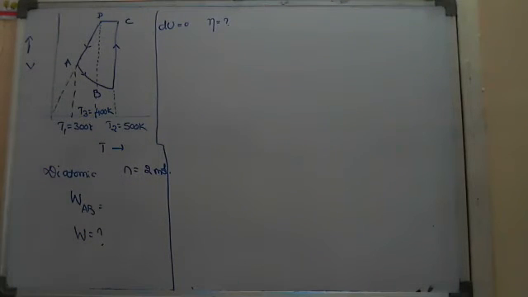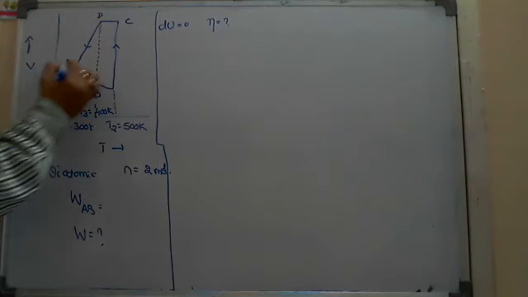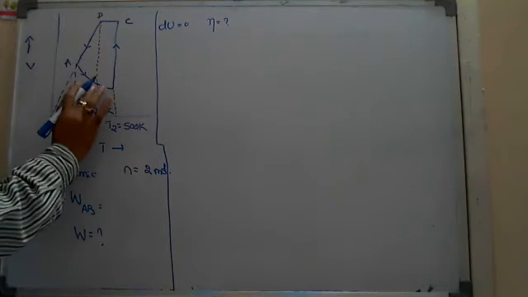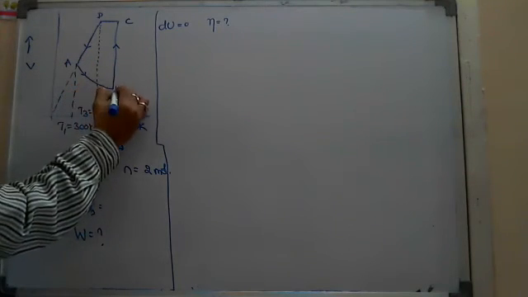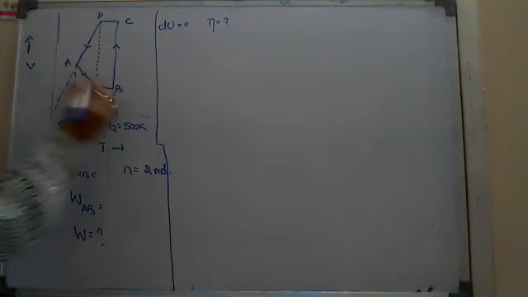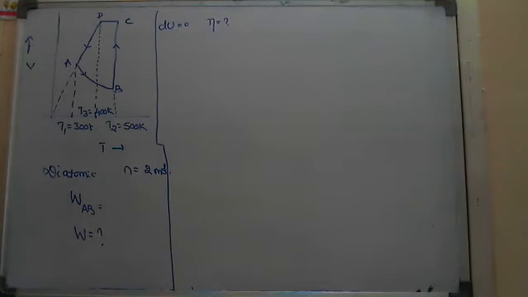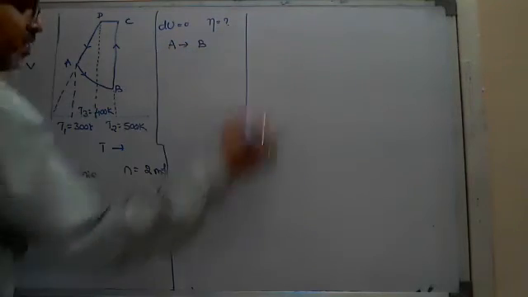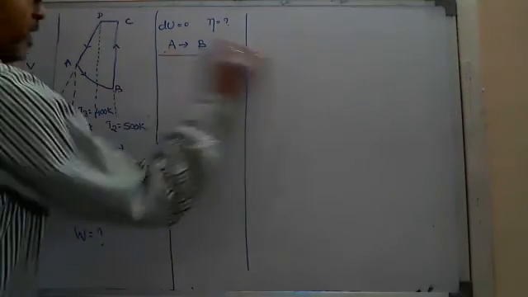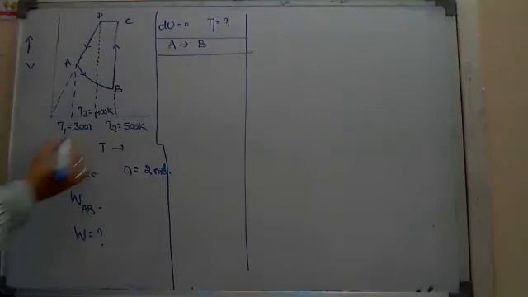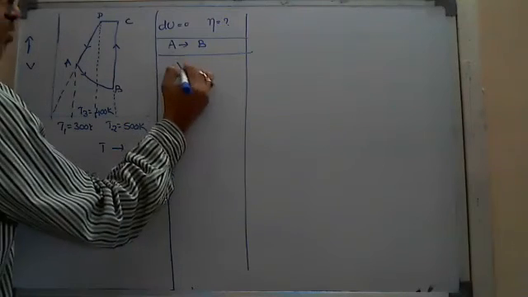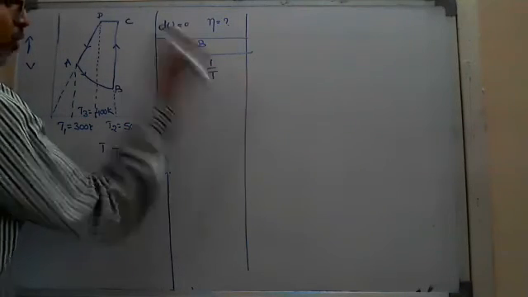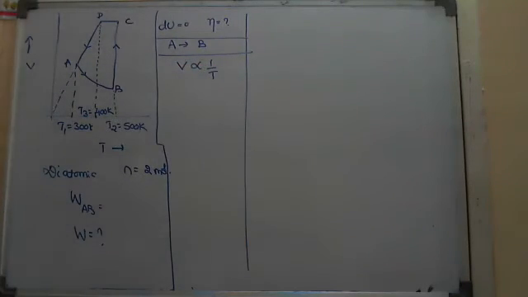So first, from A to B, he said it is a perfect rectangular hyperbola. Rectangular hyperbola means P is inversely proportional to temperature.